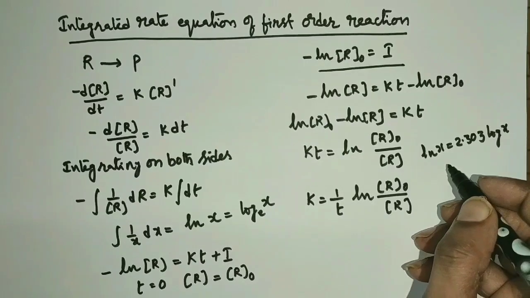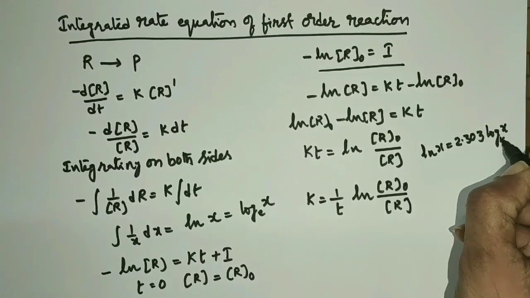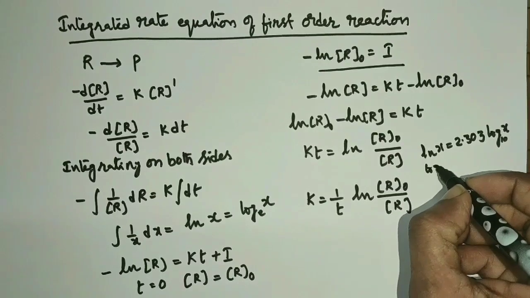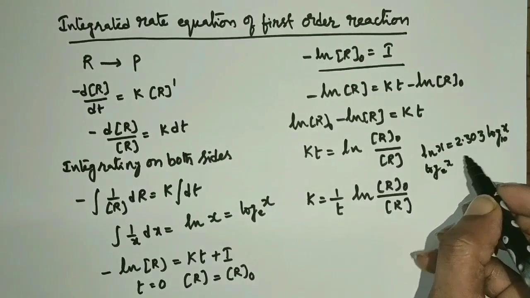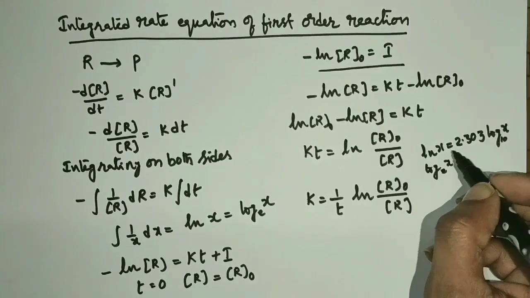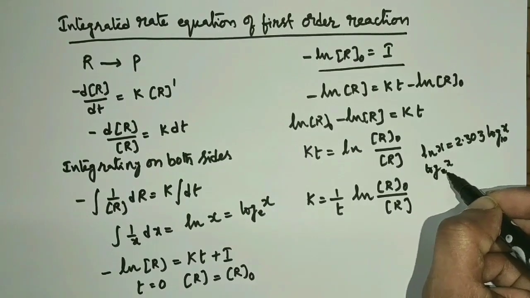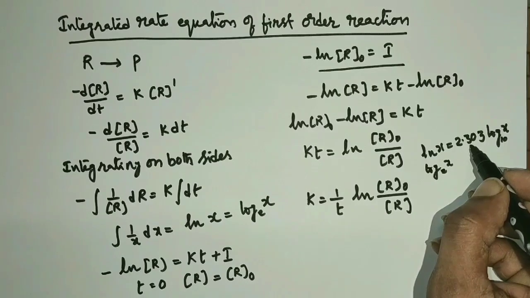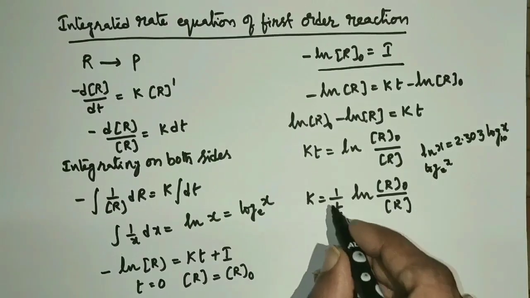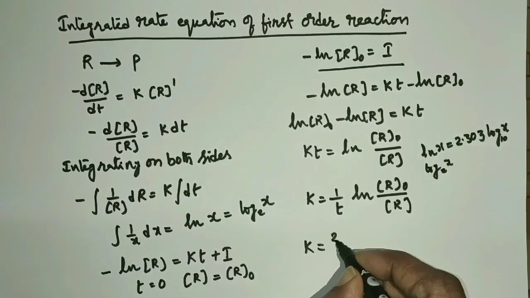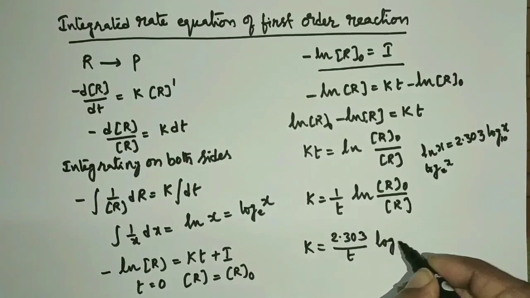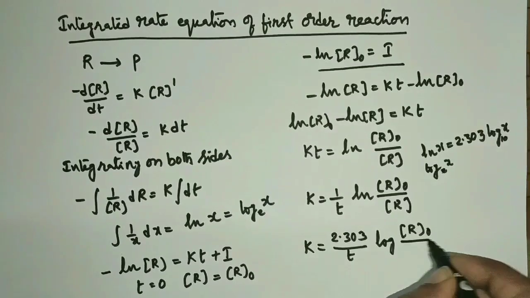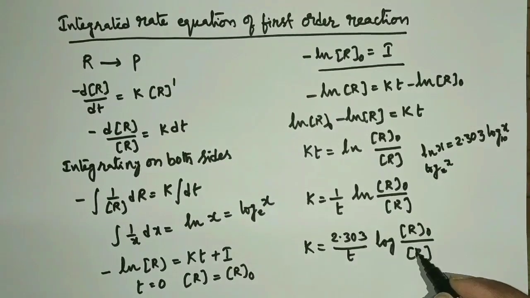Log x means log base 10 of x, and ln x means log base e of x. The relation between log base e x and log base 10 x is this: log base e x equals 2.303 times log base 10 x. So that's why k is equal to 2.303 by t log R naught by R. This is the integrated rate equation of a first order reaction.